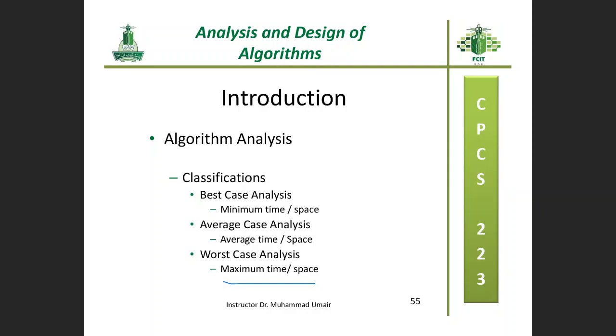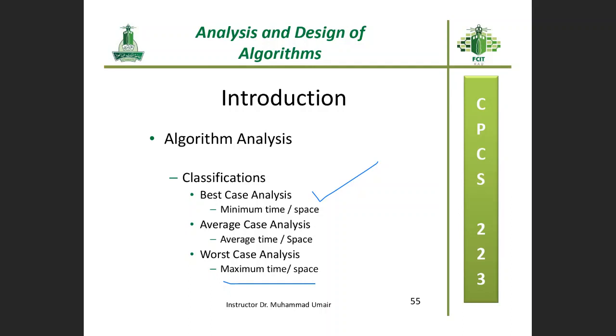Whatever the situation, whatever the type of data stored, that will describe the worst case analysis. Similarly, there could be data for which you get the minimum running time. That will be referred to as best case analysis. And average case analysis means that other than best and worst, whatever data comes belongs to average case analysis.